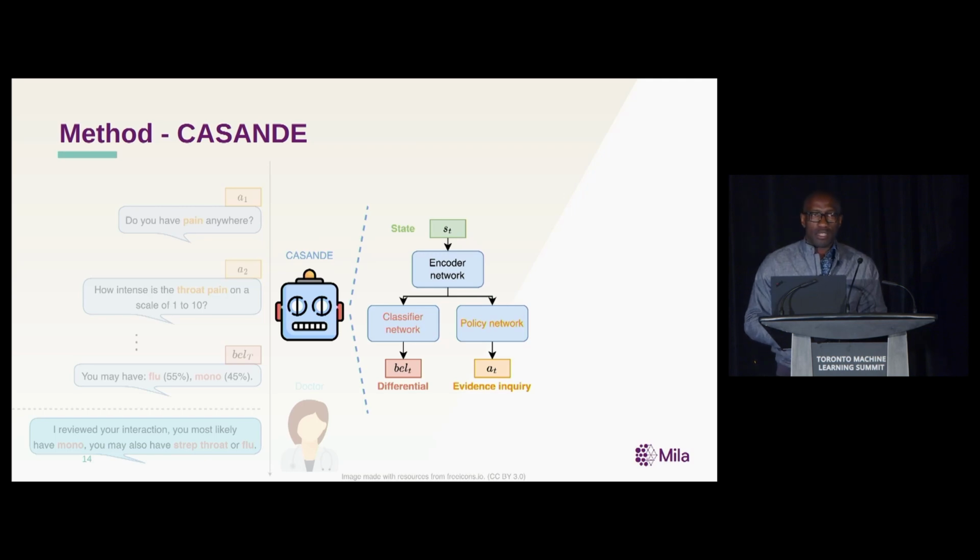Our agent here has two branches: the classifier network, which is in charge of predicting that distribution over the set of diseases that we call the belief, and the policy network, which is in charge of deciding whether or not to continue the interaction with the patient, and if so, what question to ask next.